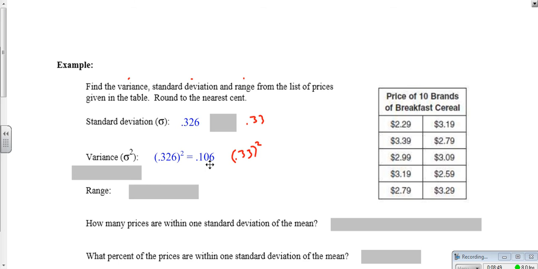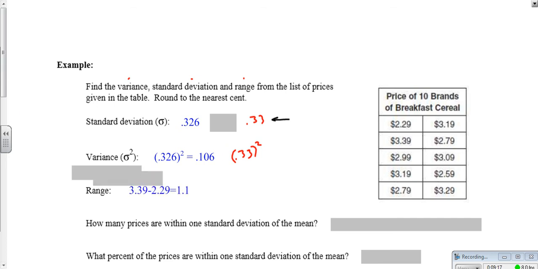Now that's not 10 cents or 11 cents. That's 11 square cents, or 11 cents squared. We don't really talk about cents squared. That doesn't make any sense to us. Alright, so we have to take the square root of that and actually focus on this one. Okay, because 33 cents makes sense to us. But this one, because it's units squared, is not as usable.